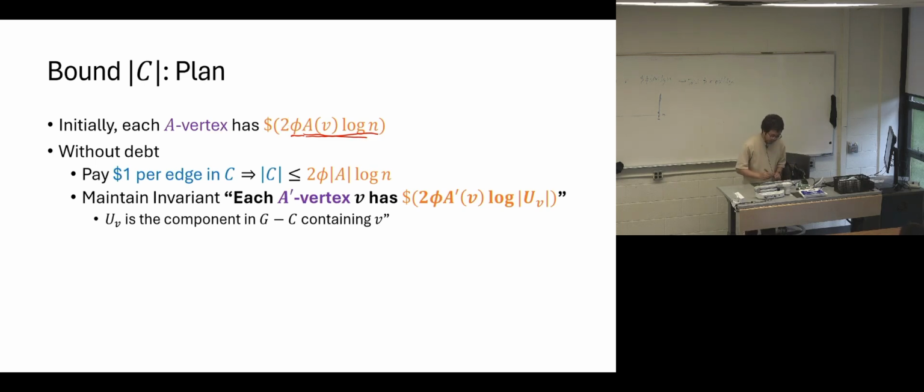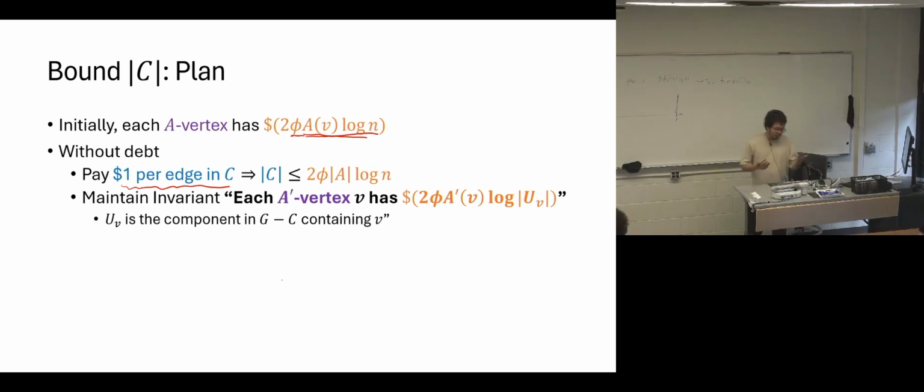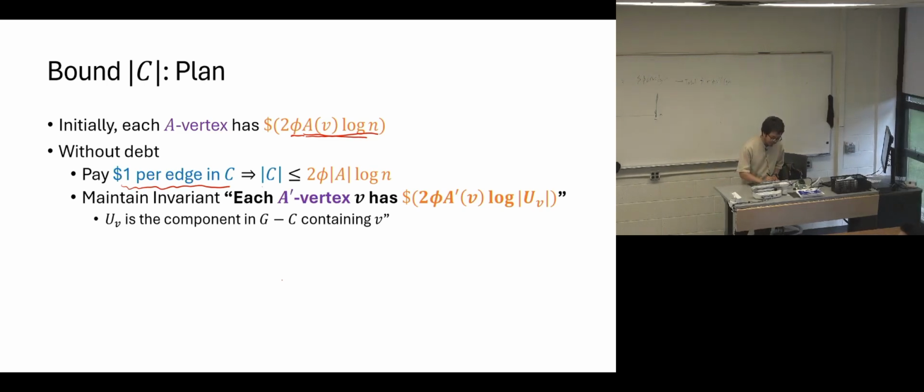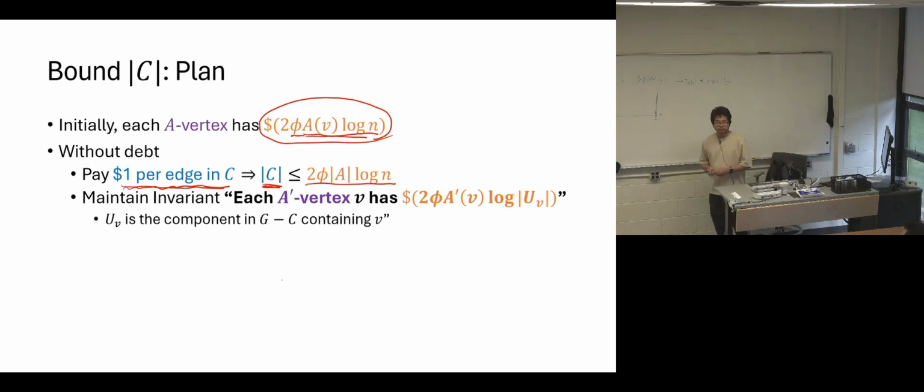Without debt, we say the same thing: whenever we find a new cut edge, we pay $1. If we can do this without debt, using only the money from the beginning, then the total number of cut edges is at most the total initial money. So this is the same.